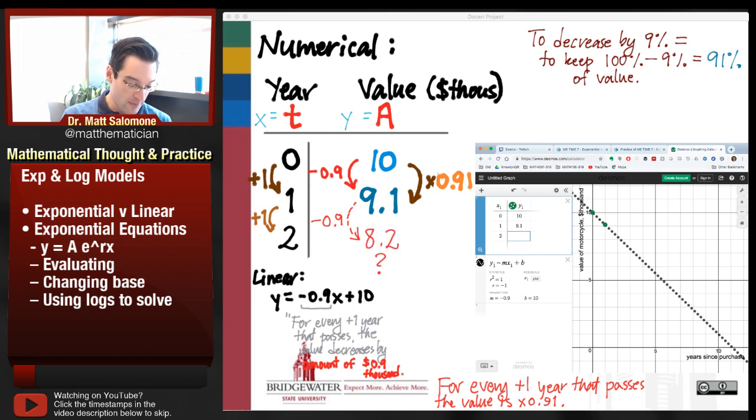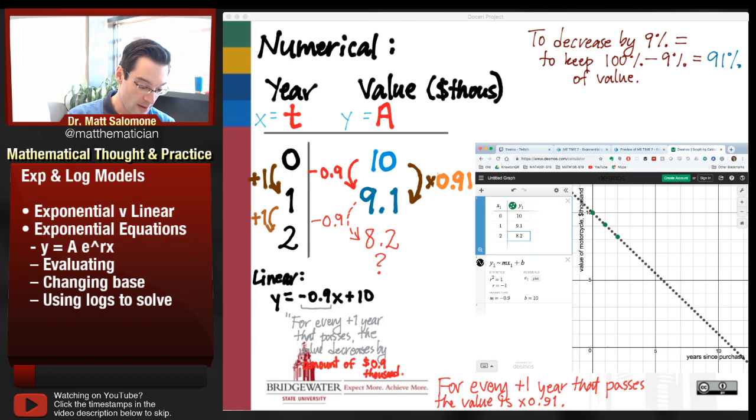So the linear model would predict that the value of this motorcycle at the end of the second year would be $8.2 thousand. Right? I did that right. Yes, there we go, 8.2. And if I were to plot those 3 points on my coordinate axes, those 3 points would all lie on the same straight line. After all, that's why we call linear functions linear in the first place. Their graphs are exactly straight lines drawn in the xy coordinate system.